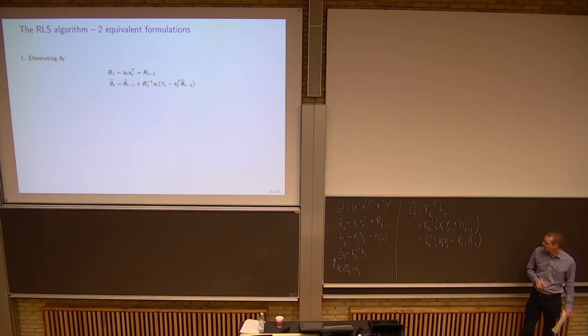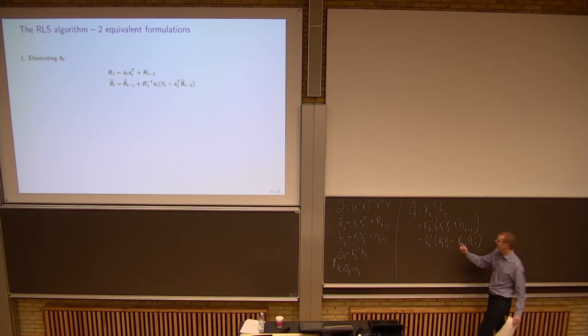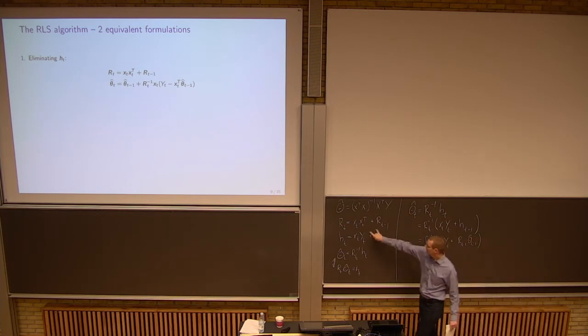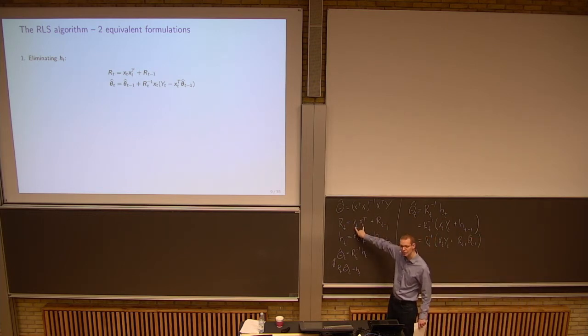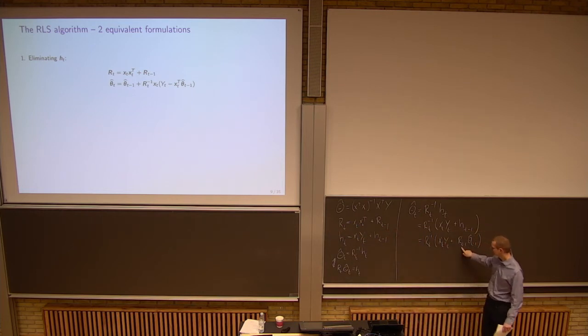Now, what I want to get to is an update of theta_t, and I don't want to keep track of different values of R_t. But R_{t-1}, what is that? Well, we can take x_t x_t transpose here and move that to the left-hand side, and insert that in here.